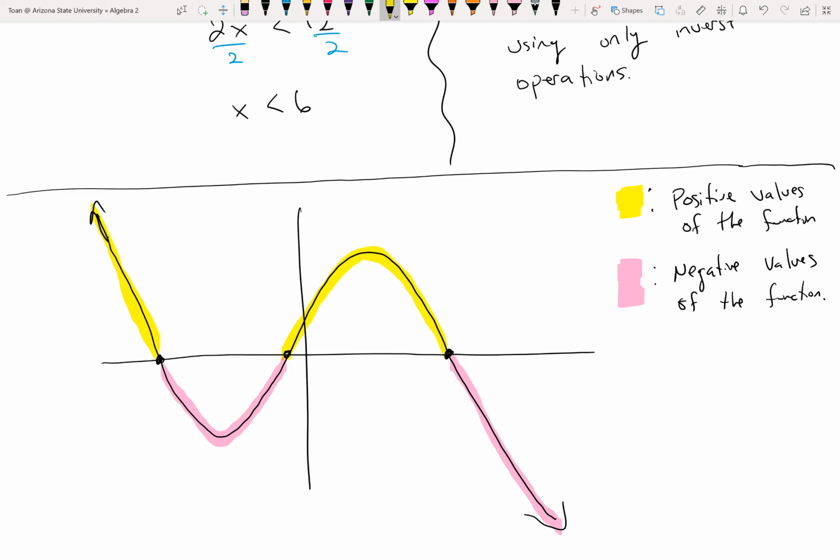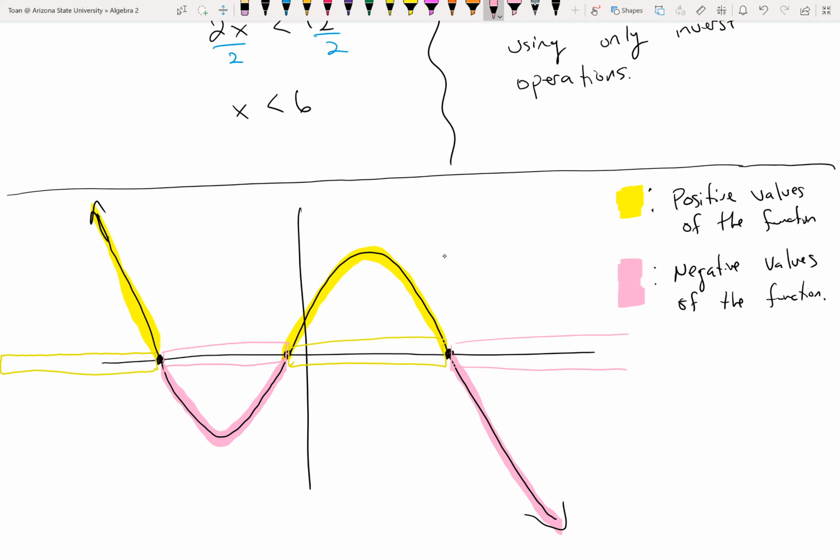Consequently, if I just look at the x-axis, the parts that I've boxed, I hope everyone agrees, are the x values, in this case, that produce positive values of the function. And I'll do the same thing here. The parts that I've blocked off in pink, and I'll leave this one open because this guy goes on forever. The parts I've blocked off in pink are x values that produce negative function values.